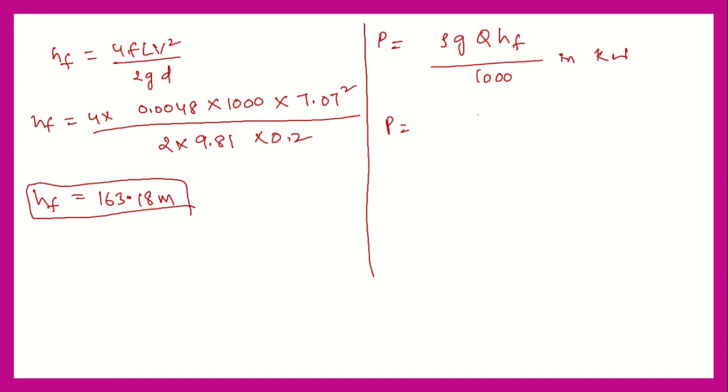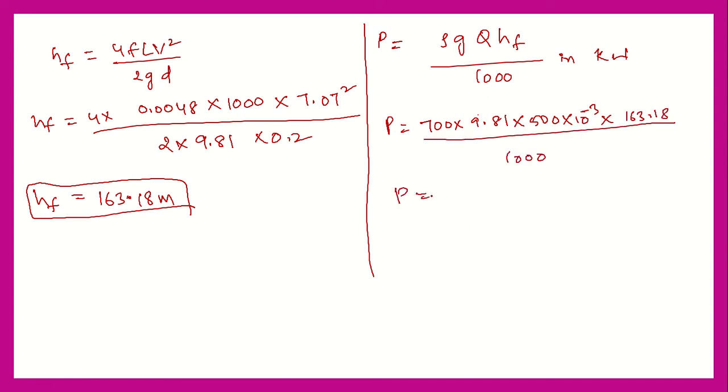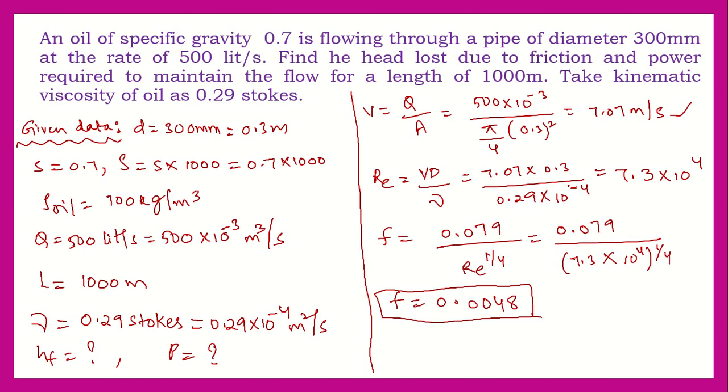So let's multiply 700. If it is water, we put 1000. So 700 into 9.81 into what was our Q? 500 into 10 power minus 3 into HF 163.18 by 1000. So finally let's see how much we will get the power value. We got 560.28 kilowatts. Okay, so like this we have to solve problems regarding the head loss and power required.